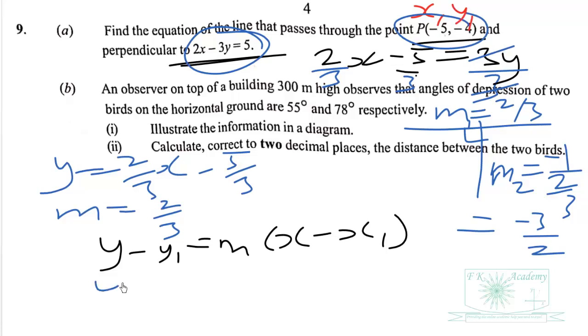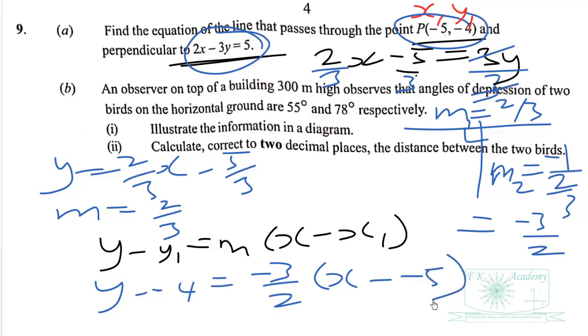So we have y minus -4 is equal to m, -3 over 2, into bracket x minus x1, -5. So we have y plus 4 is equal to -3 over 2 into bracket x plus 5.